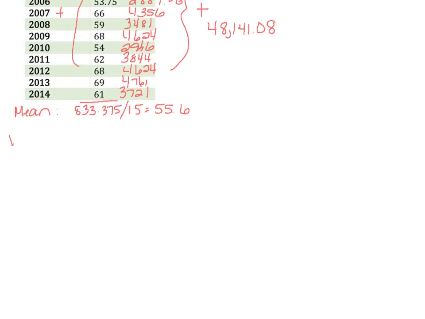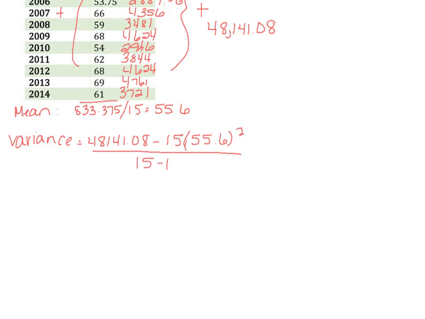But first we need the variance, like a 2-for-1 special. So we want to take the sum of x squareds, which was that 48,141.08, subtract the number of items we had, which is 15, times the mean squared, all over the number of items we have minus 1.